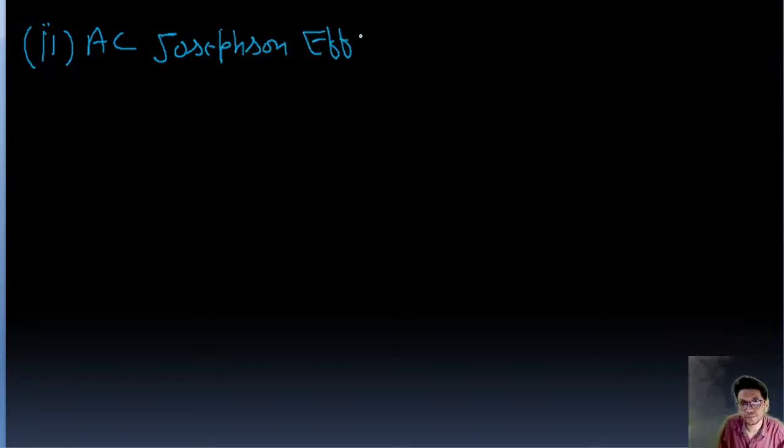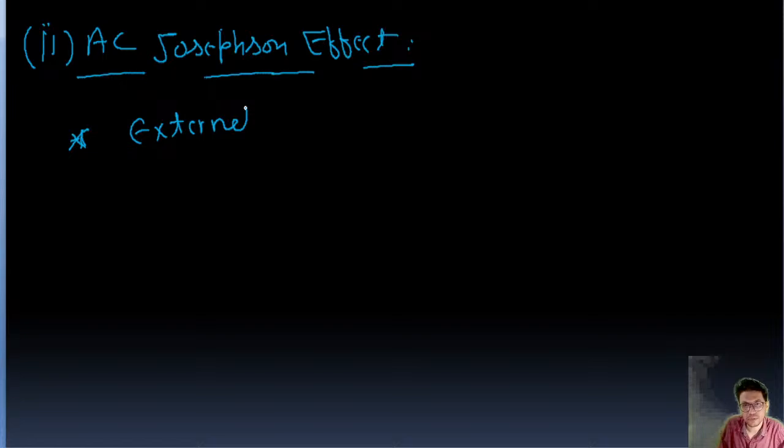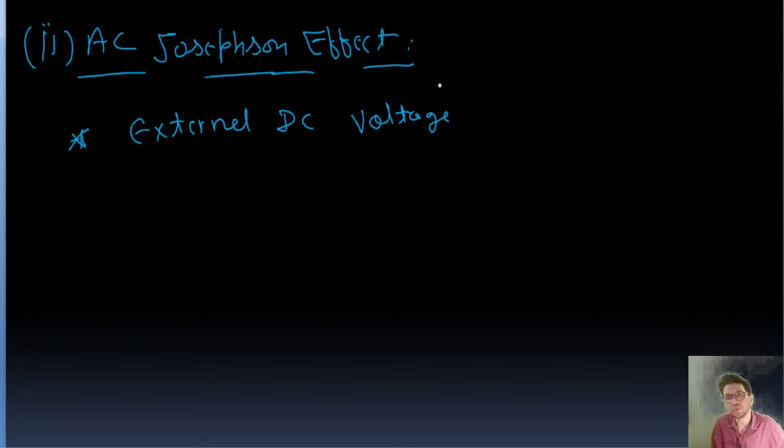Second is the AC Josephson effect. So here the points are: we will apply an external DC voltage source.